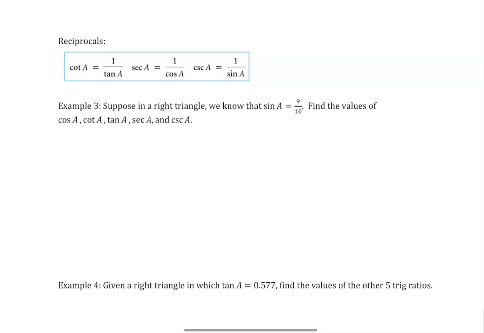One way that's interesting to remember is that tangent goes with cotangent. Notice that there's a co. Sine goes with cosecant, and secant goes with cosine. So when you are pairing things up, one of the ratios will have a co and one of them won't.